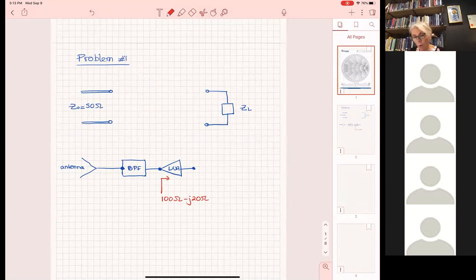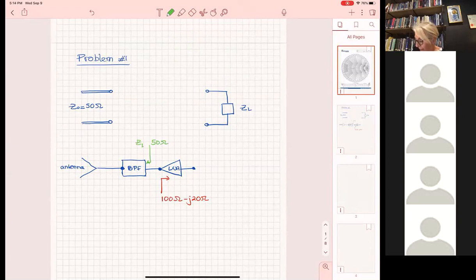And then another member of your team creates the bandpass filter and says, well, I made my bandpass filter, but the input impedance I see from the end, I made it so it connects to a 50 ohm load. So I made it so it goes from 50. All right, so when I look to the left, I see a Z from the filter, let's call it Z1, to be 50 ohms.